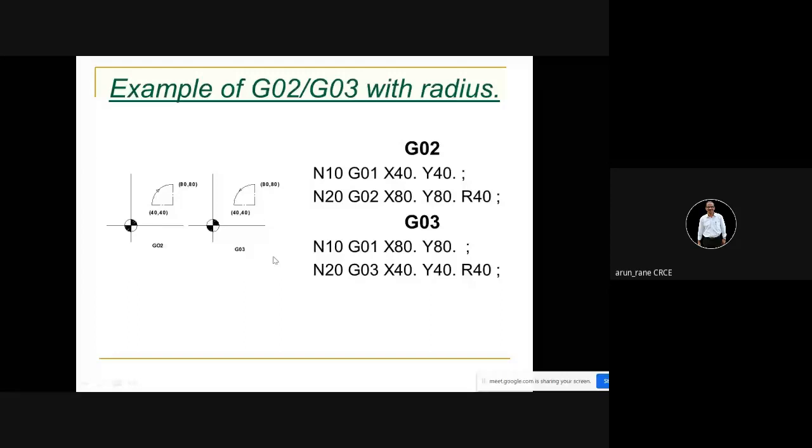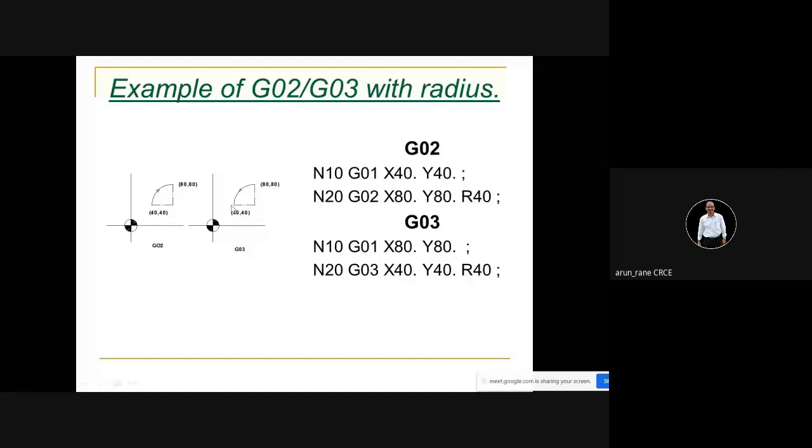Now if I want to write the program in incremental, that is using G91, I have positioned the tool, let's say here, G01, X80, Y80. From here I have to go in incremental. So how do I go from here in incremental? So I write G03, G91. With respect to this, where is this point? On the minus side.